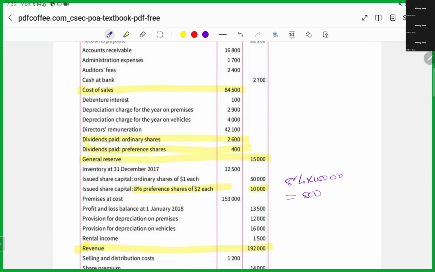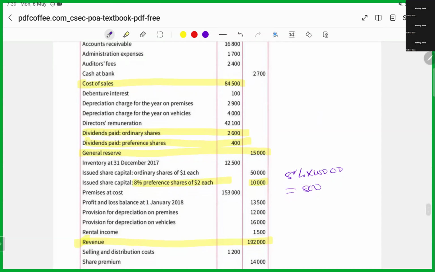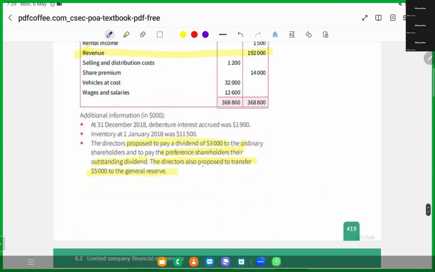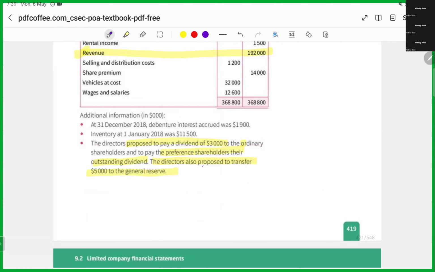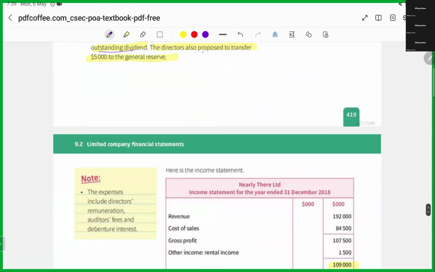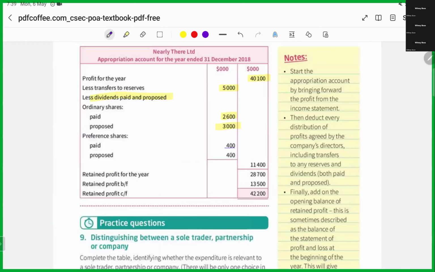However, they already paid out preference dividends of $400. So that means the remainder should be paid, as you see in the notes here. They propose that the outstanding preference shareholders will get the remaining $400. So that is how we have preference shares dividends paid and dividends proposed. 400 a piece, 800 in total.